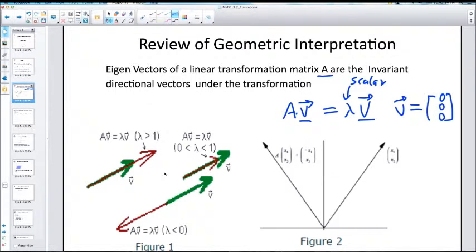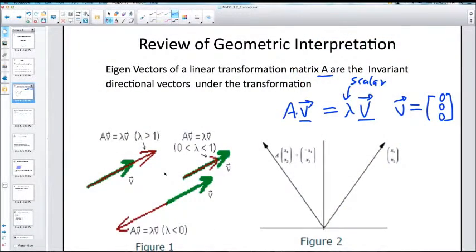It's not interesting. A nice example I showed in last lesson is the mirror reflection. In this example, I hope you still remember there's two eigenvectors. One is this vertical vector. This vertical vector, if you do the mirror reflection, is unchanged.